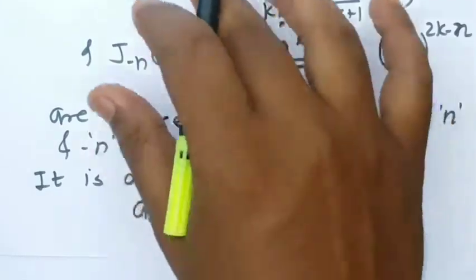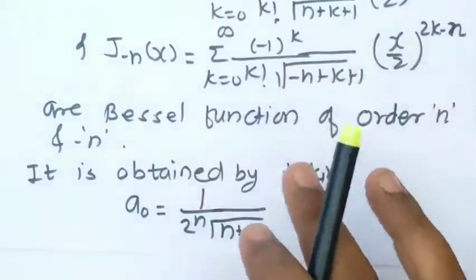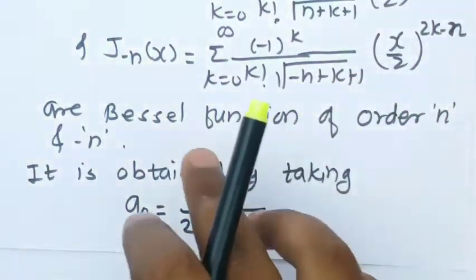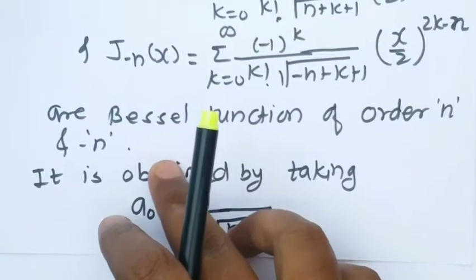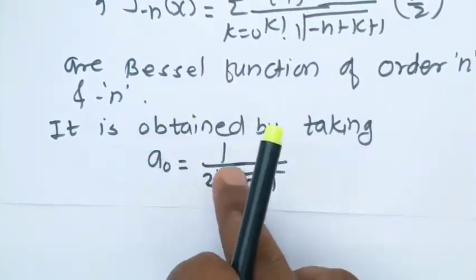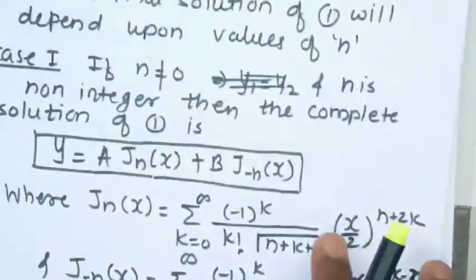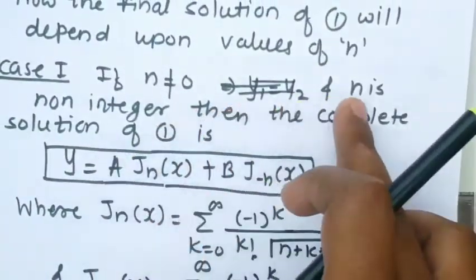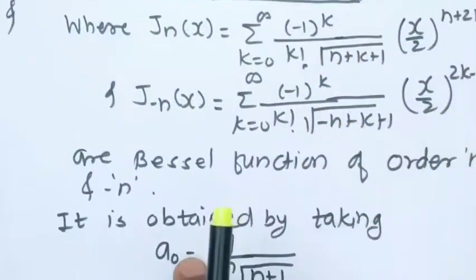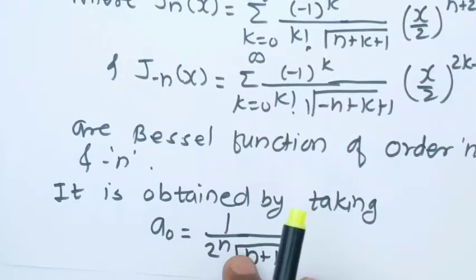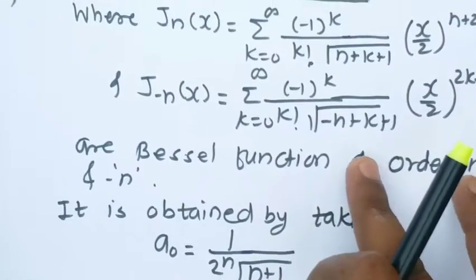Now, how have we obtained this jnx and j minus nx, right? When we have considered the value of a0 as 1 by 2 raised to n into gamma n plus 1, okay? We are under the case that n is non-zero and non-integer, and we are taking the value of arbitrary constant a0 as 1 by 2 raised to n gamma n plus 1.